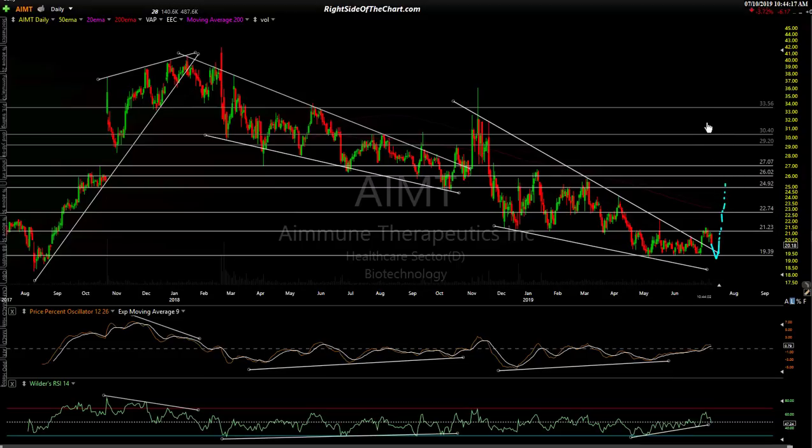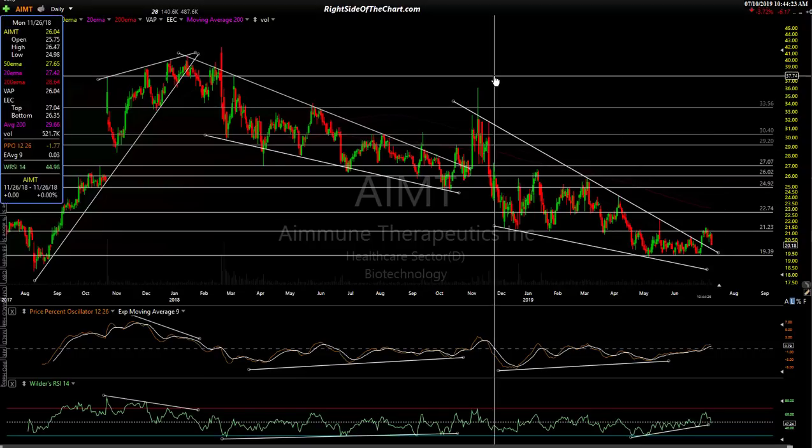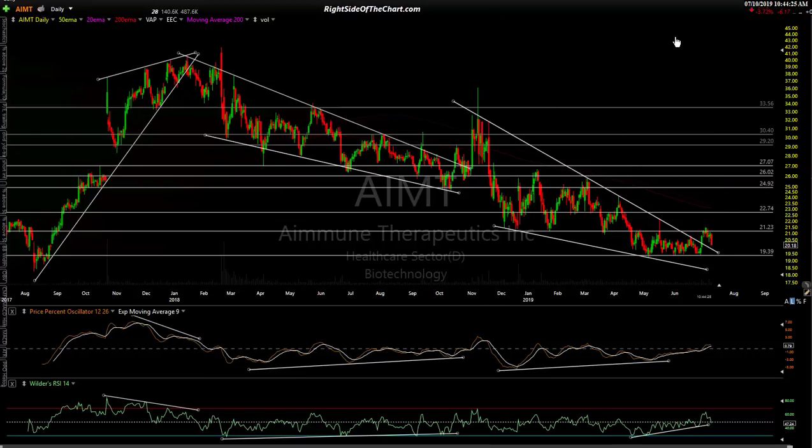This company has a drug and I think it's in phase 3 for peanut allergies. So there it is on AIMT. But like any trade, just don't get married to it. And by the way, as I said before, it is a small biotech without a very large diversified pipeline. So if things go the other way on that peanut allergy drug, the bottom can fall out of this stock.